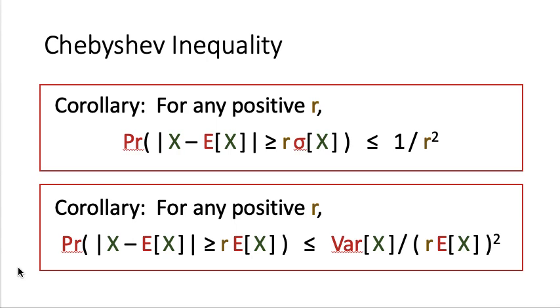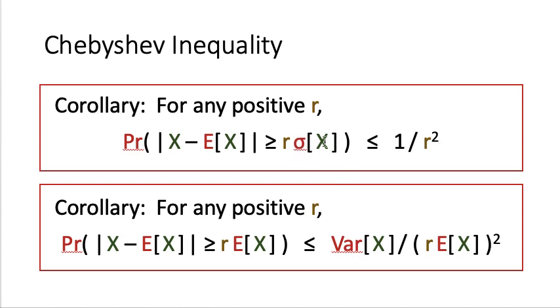And then we can have two very related corollaries, which are just a direct plug-in result from the previous theorem. Here, we say that for any positive value r, the chance that X minus E[X] is far away from r times the standard deviation of X cannot be a lot. This probability is less than or equal to 1 over r squared.